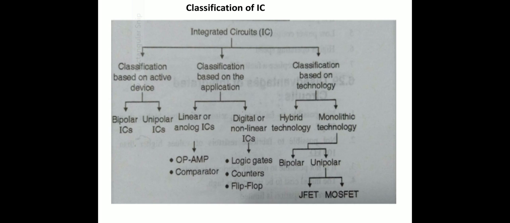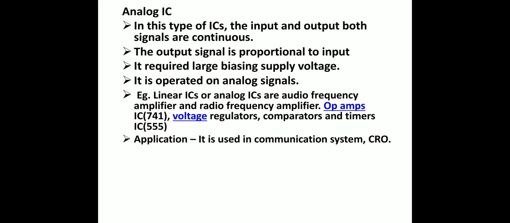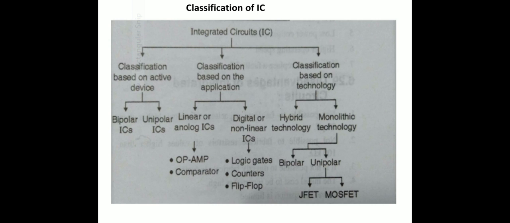The monolithic technology is further classified as bipolar and unipolar. The unipolar is also classified as JFET and MOSFET, junction field effect transistor and metal oxide semiconductor field effect transistor.